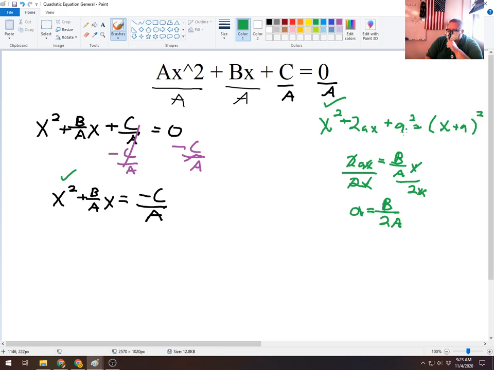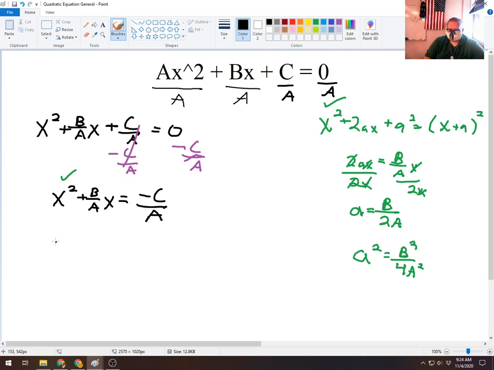What's a squared? Because now we have to add a squared to both sides. That's simple: just square the top and square the bottom. So a squared would be b squared over 2a times 2a, which is 4a squared. Back to our complete the square, I'm going to add that kind of ugly term, b squared over 4a squared, to both sides.